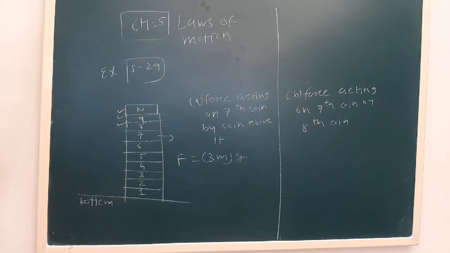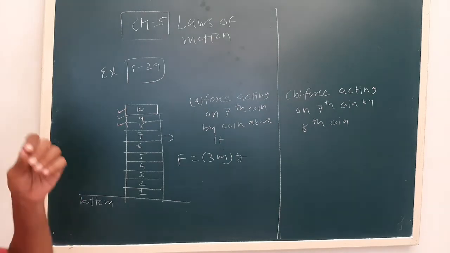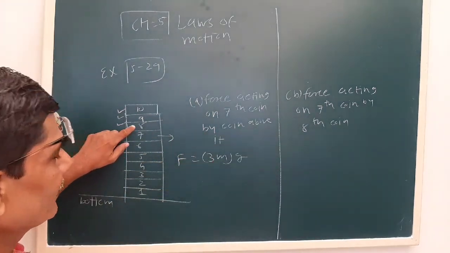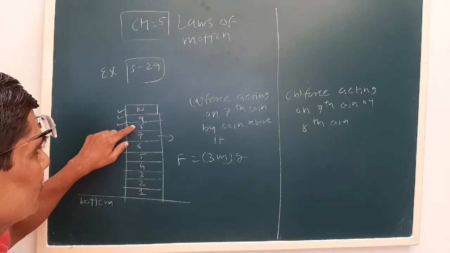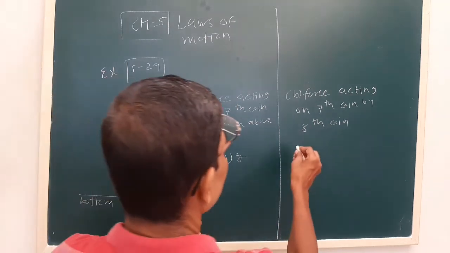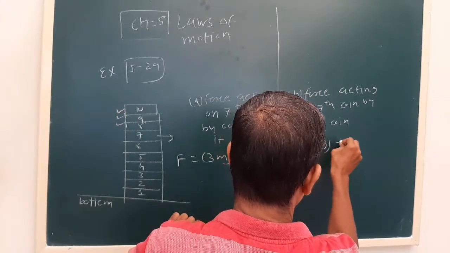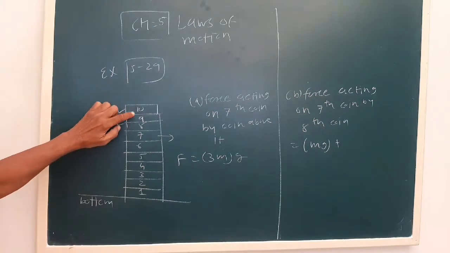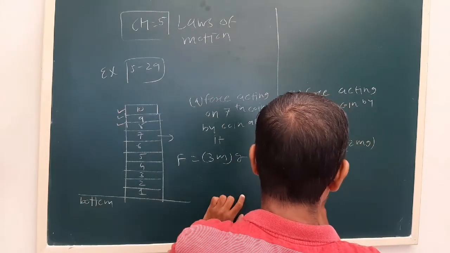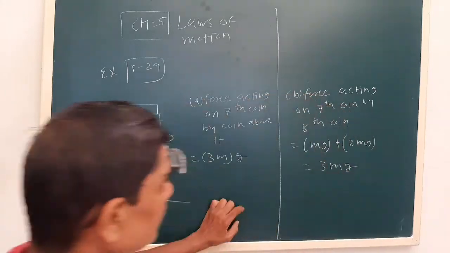The 8th coin is above the 7th coin, and above the 8th coin there are 2 more coins. So the total force is mg, the weight of the 8th coin, plus coins 9 and 10, 2 coins, so 2 mg. So the force will be 3 mg.